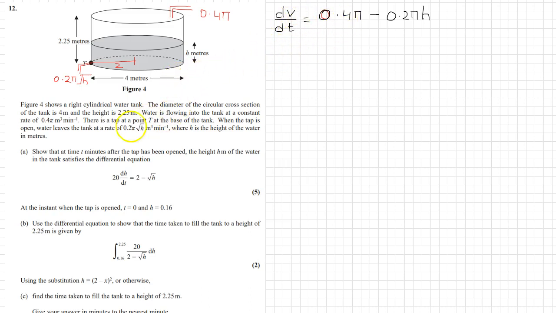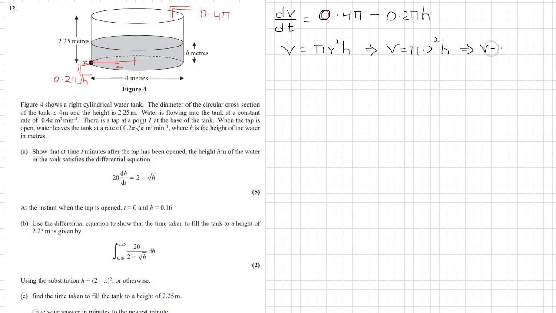And what we are seeing is that the volume is pi r square h. So it means the volume is pi is constant, r is 2 and h.